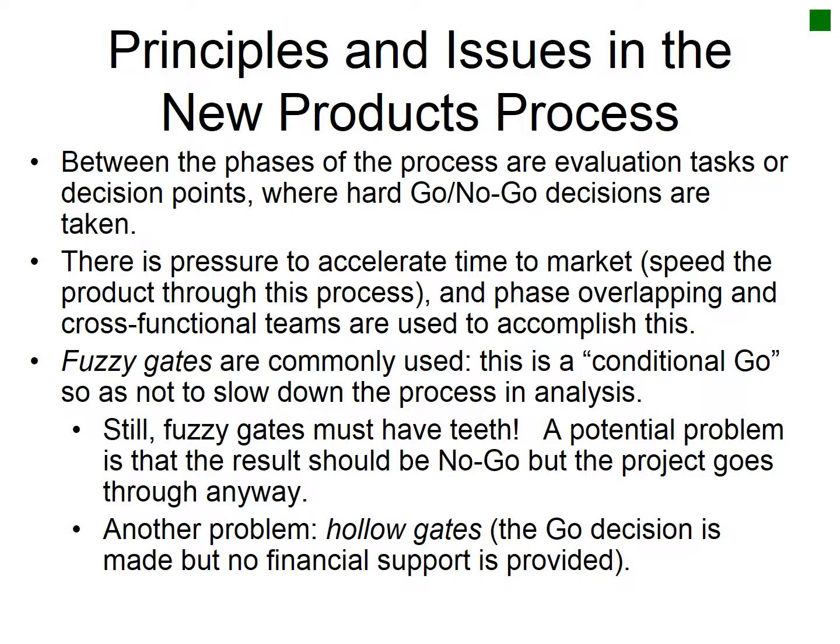So instead of a stage gate term, there's a second term that is sometimes used called a fuzzy gate. The fuzzy gate concept is where we have a conditional move forward or a conditional go, so that we could take the project idea to the next stage, but we're still finishing up some work from the prior stage.